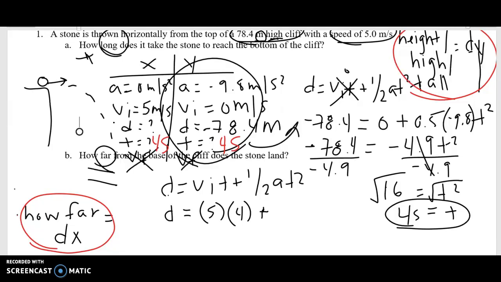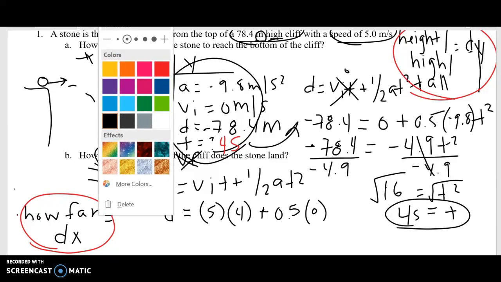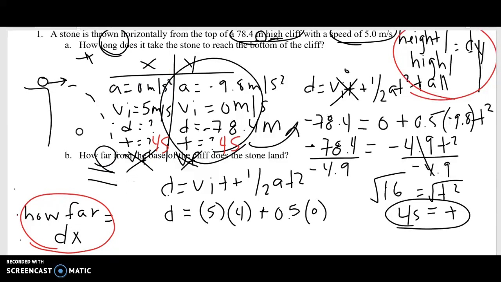Then I'm plugging everything in. So 0.5, my acceleration is 0, and my time is 4 squared. 0 times anything is 0, so this entire term right here goes away, and all I'm left with is 5 times 4, which is 20 meters.